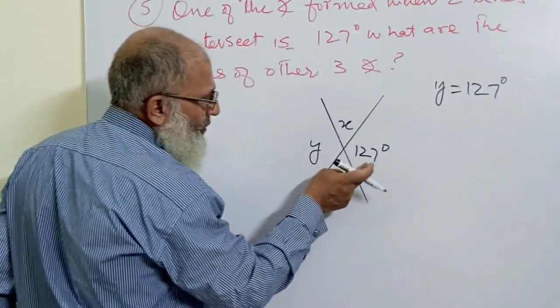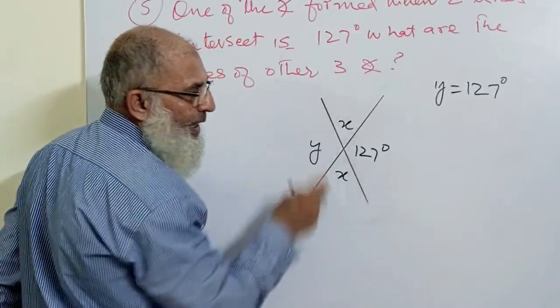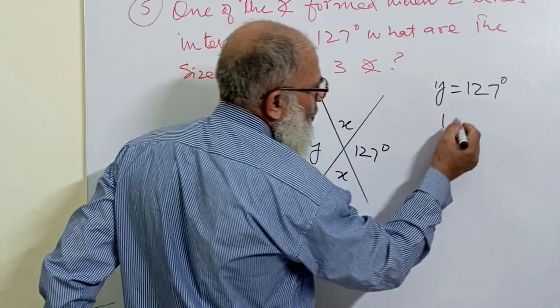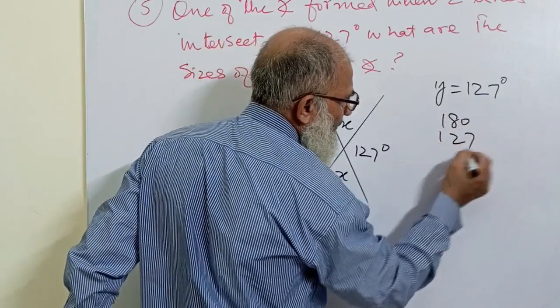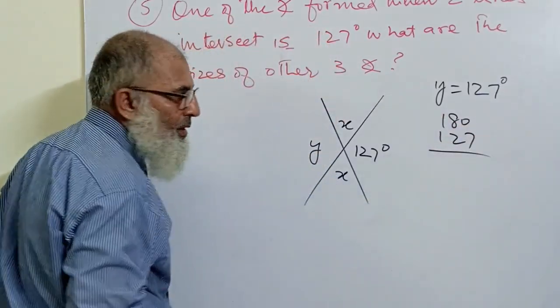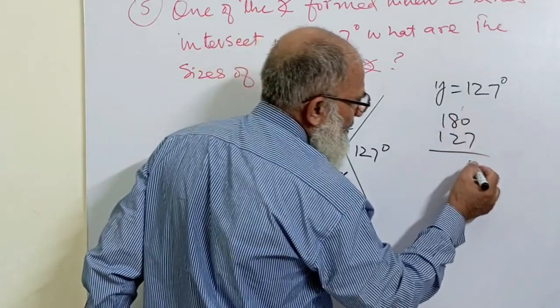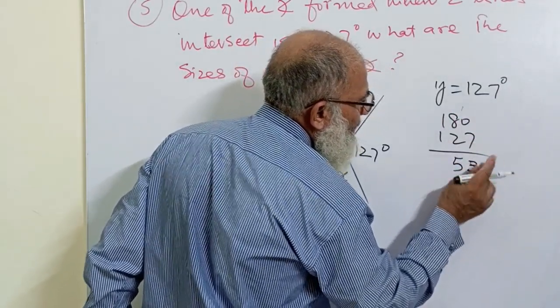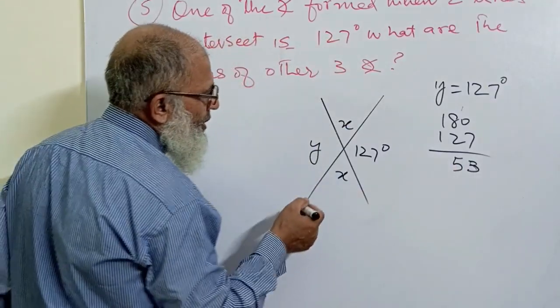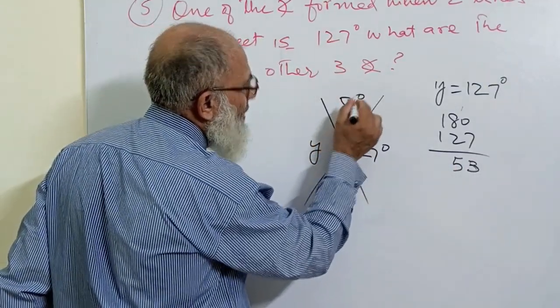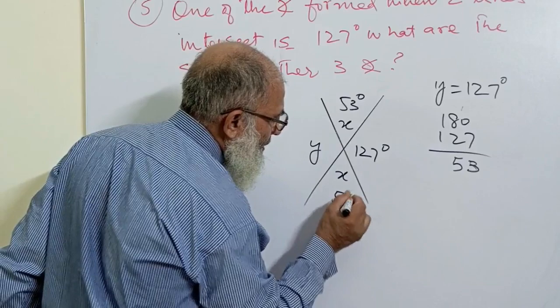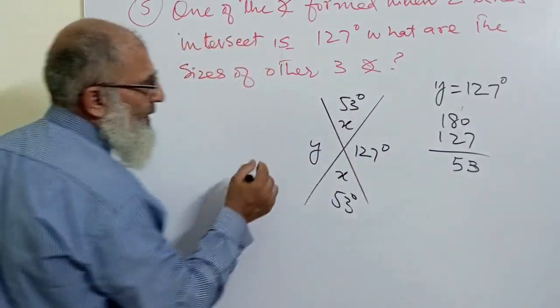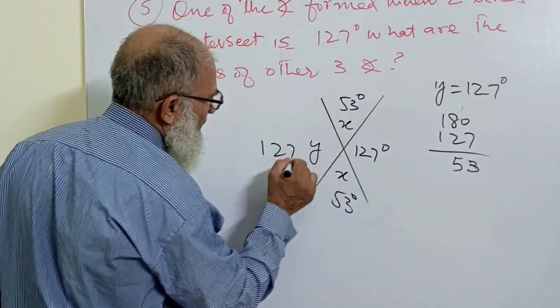Now this is 127 degrees, and these are supplementary angles. 180 minus 127 becomes 53 degrees. Again this is 53 degrees, because these are vertically opposite angles, and this is 127 degrees.